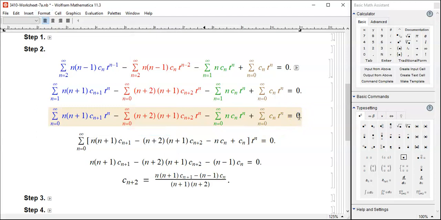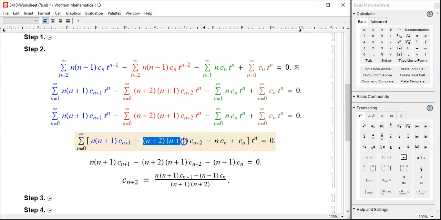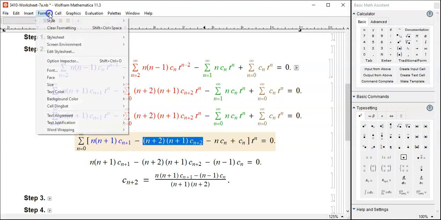Okay, all right. Now, all the summation and t to the nth power are the same, and we get all those coefficients together. This came from the blue series, and this came from the red series.